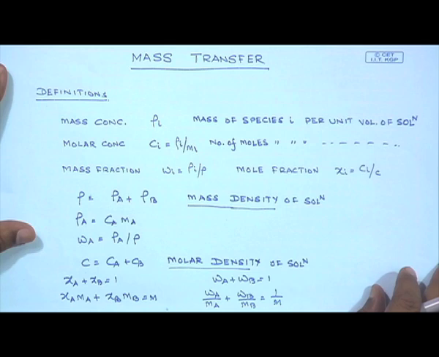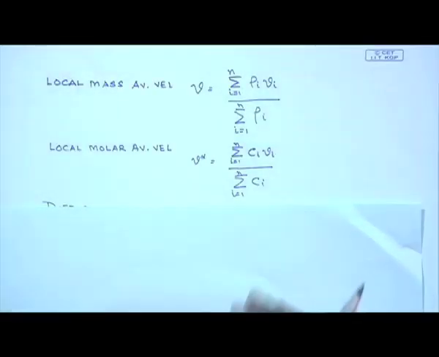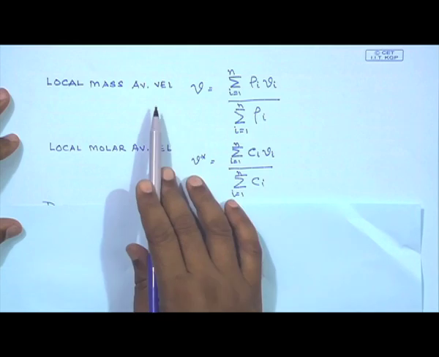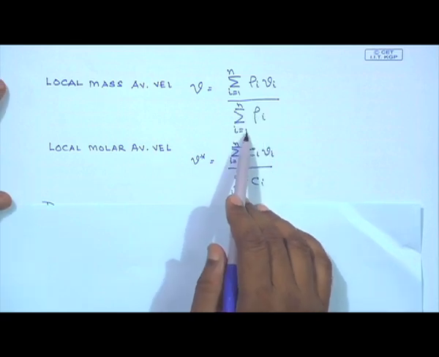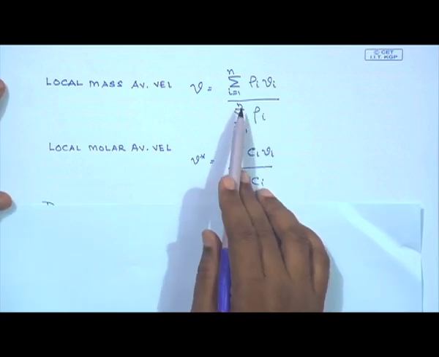So we have all seen these expressions before, and we will see how they will be used later on to express the mass transport process in a system where we have both convection as well as diffusive mass transfer. Coming back to some of the other definitions used in mass transfer, there is the local mass average velocity, which is simply rho i Vi divided by the summation of rho i over all the species.